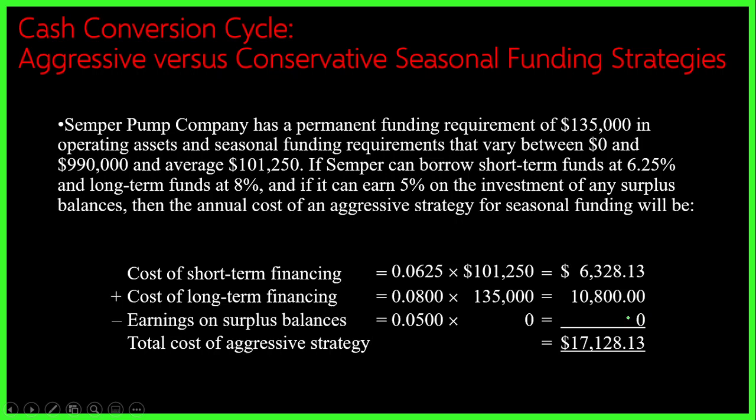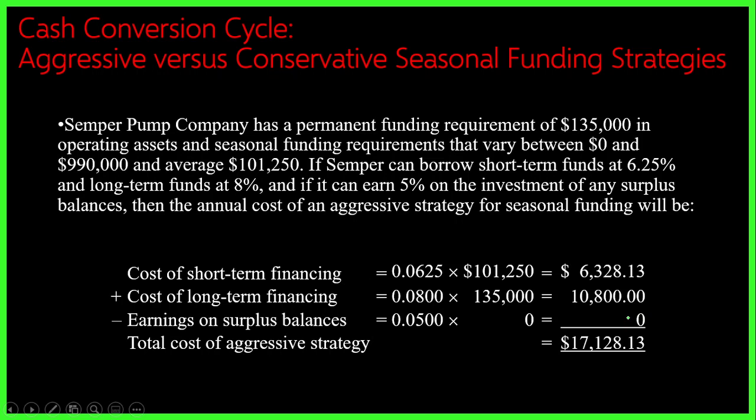Here's an example. This company has a permanent funding requirement of $135,000 in operating assets and seasonal funding requirements that vary between 0 and 990, with an average of 101,250.